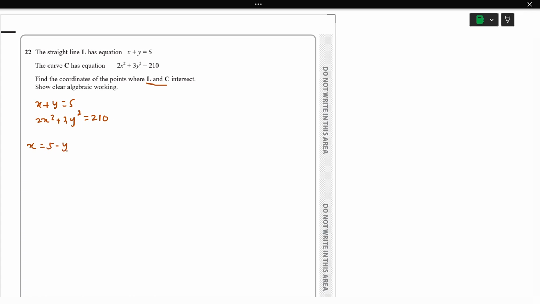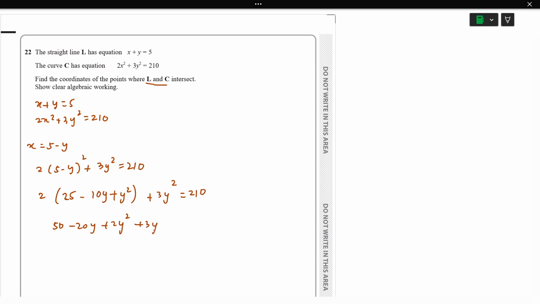I'll substitute in the second equation: 2 into (5 minus y) whole square plus 3y square equal to 210. Expanding, (5 minus y) times (5 minus y) gives 25 minus 10y plus y square. I'll bring 2 inside: 50 minus 20y plus 2y square plus 3y square equal to 210.